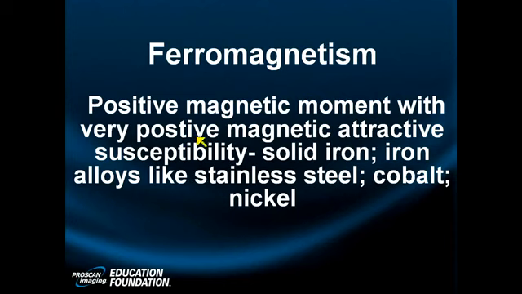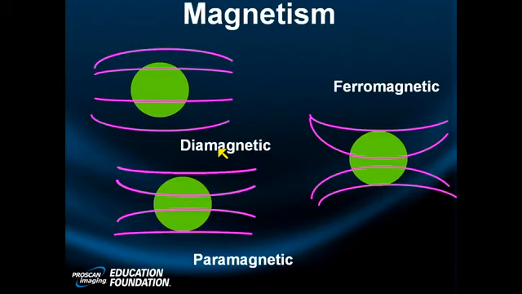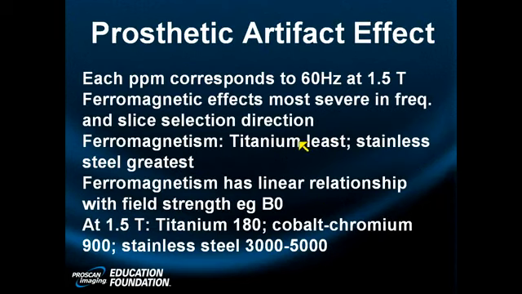This is seen with solid iron, iron alloys like stainless steel, cobalt, and nickel. Unfortunately, many hip prostheses contain these substances. Here are examples of weakening of a field from diamagnetism, enhancing the field with paramagnetism, dramatically enhancing the field with ferromagnetism.